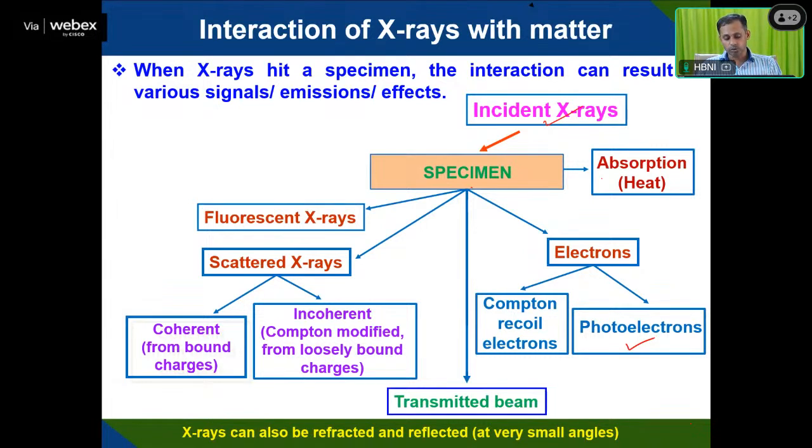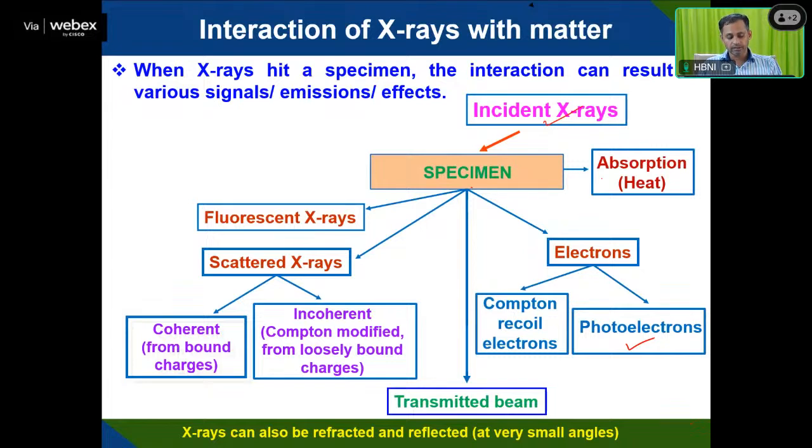In addition, you can also get transmitted beams. Some part of the X-ray beam which you are producing can also be transmitted. So X-rays mainly follow fluorescence, scattering, electron interaction, and some heat can be produced.